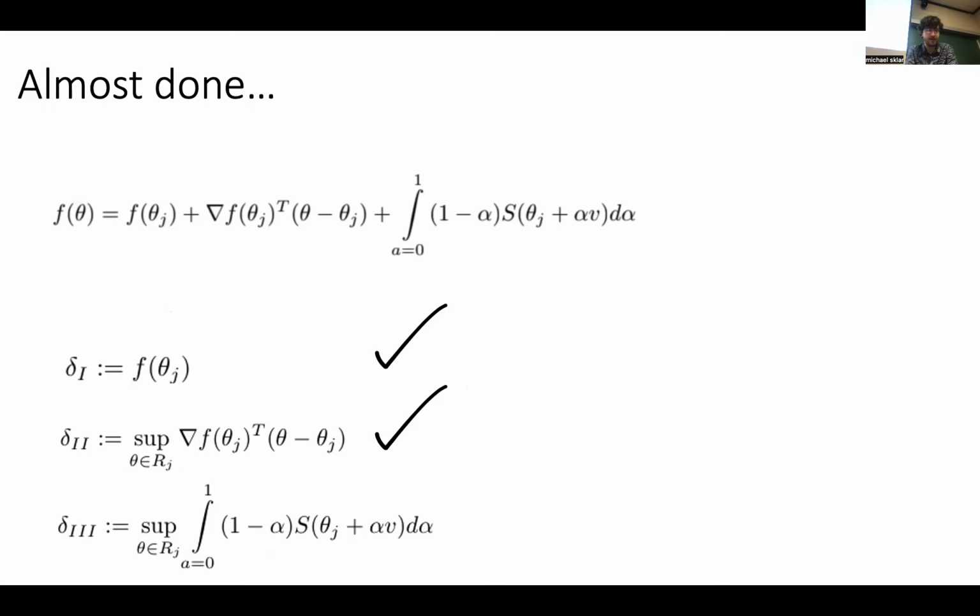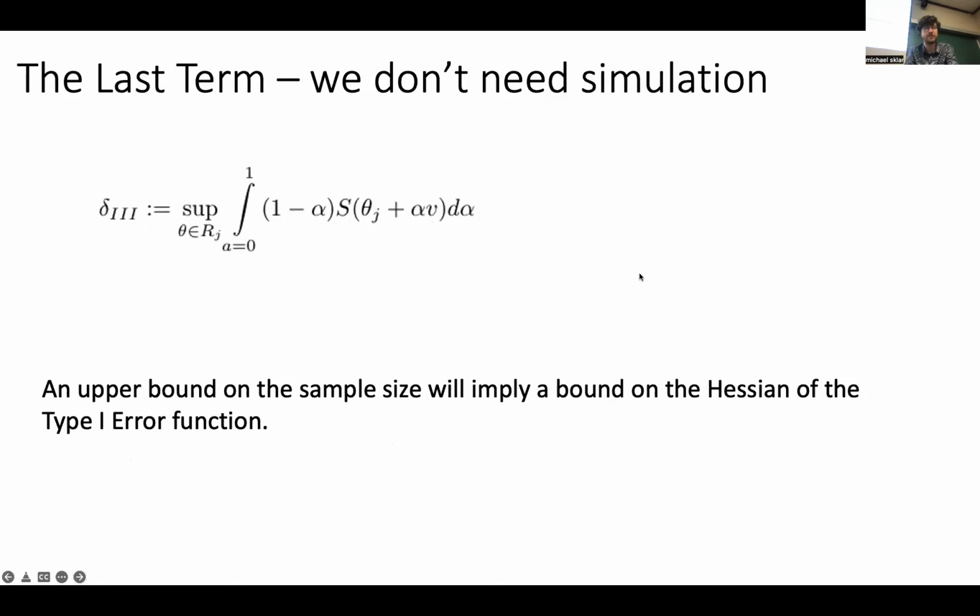And then the last term that we've got here encodes this second order information. We have to integrate over the whole path from our expansion point to where we're trying to get in our rectangle. Fortunately, we don't need simulation to understand this. We just need some kind of nice uniform bound on the Hessian of the type 1 error function, and we'll be good to go.